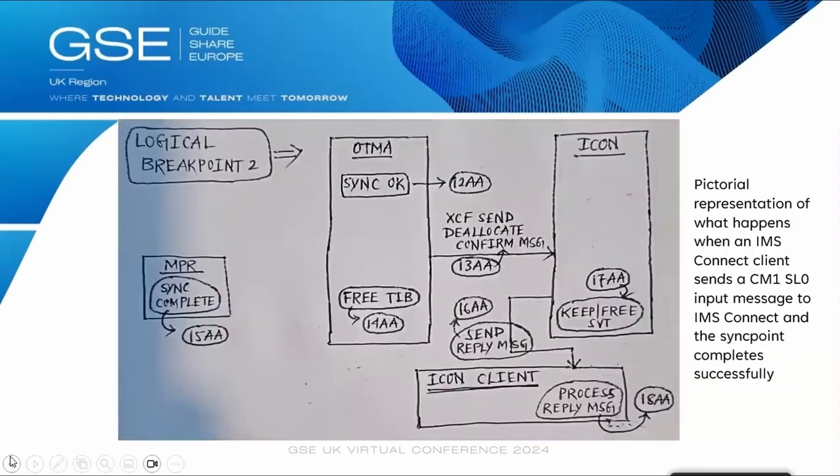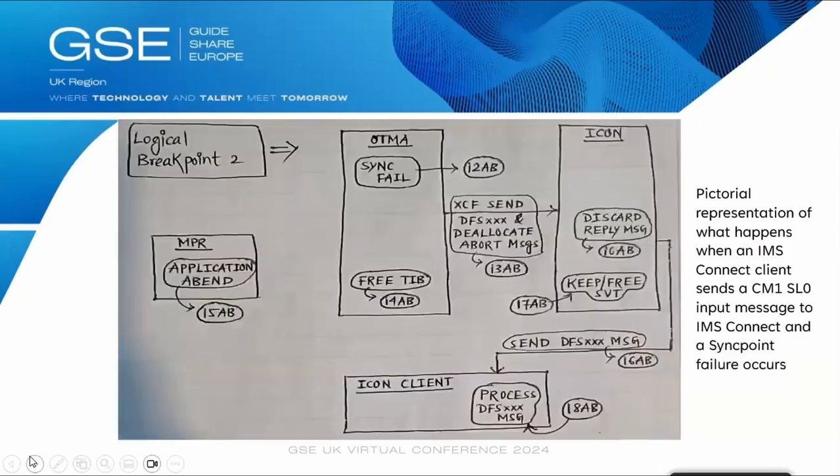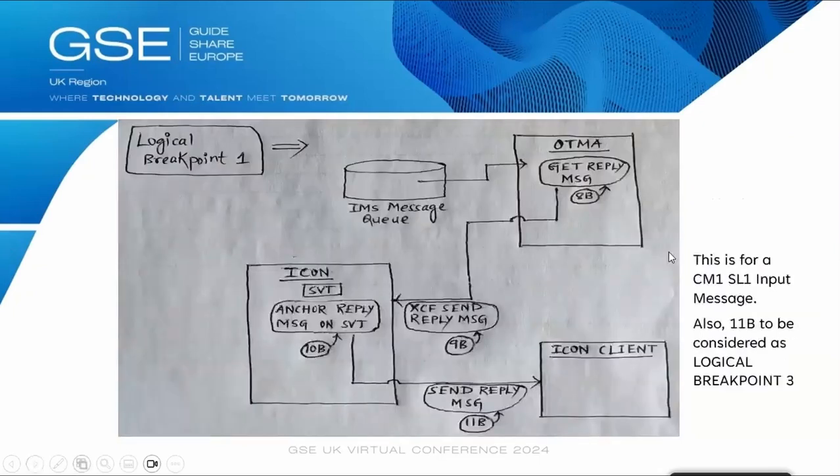These are the list of all the common steps, right? So from number 1 to number 7, whatever the protocol, these are the list of common steps for each protocol. Now, from logical breakpoint 1, we'll consider specific cases. So here we consider the case of CM1 SL1. So we'll go back to logical breakpoint 1 over here once again and continue on with our journey from there.